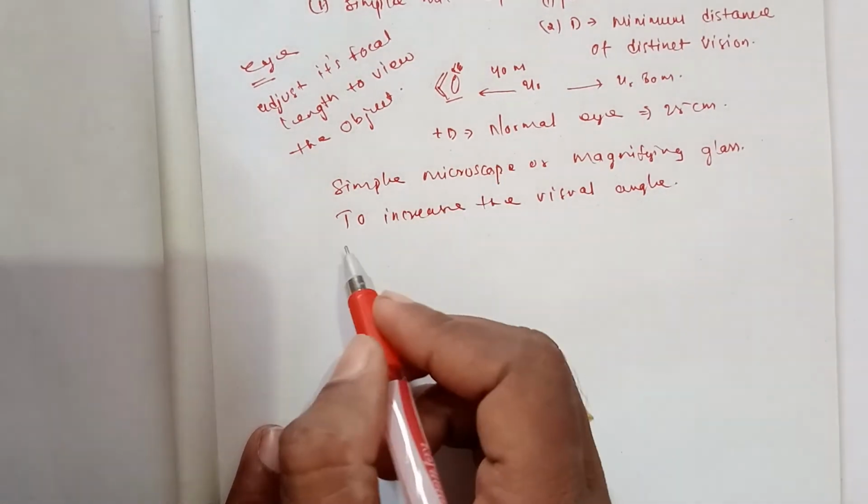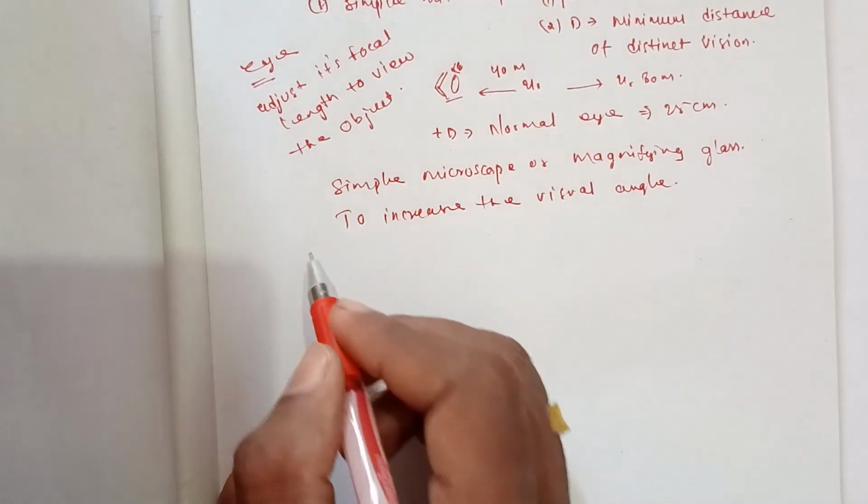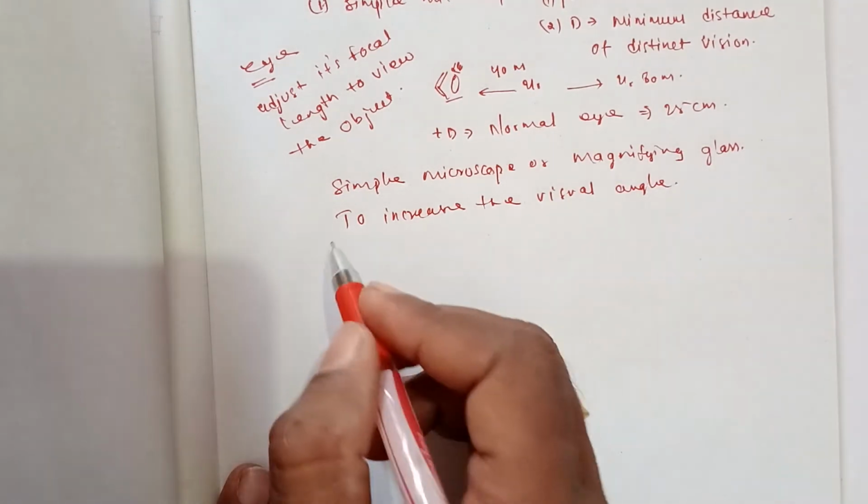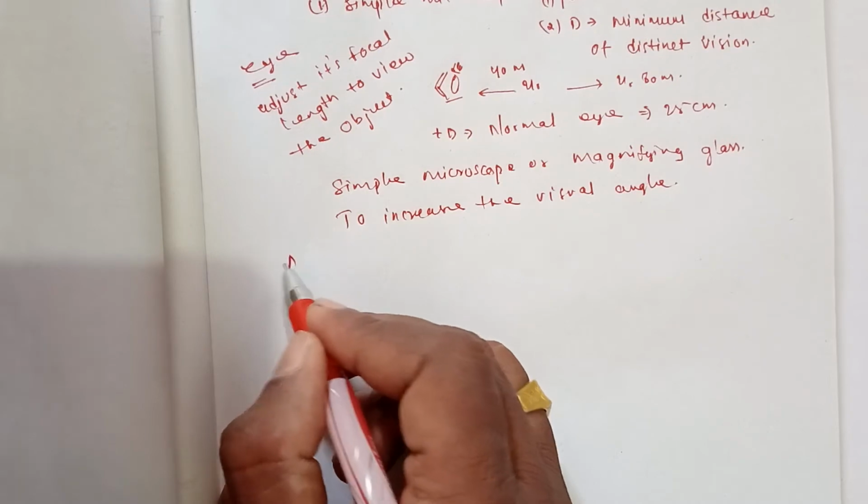What the simple microscope does is angular magnification.